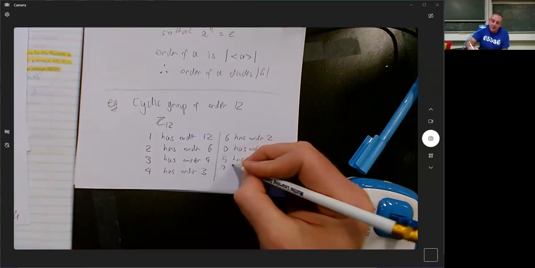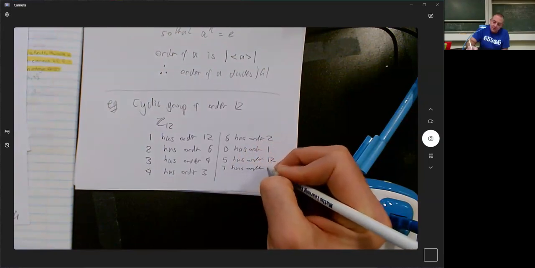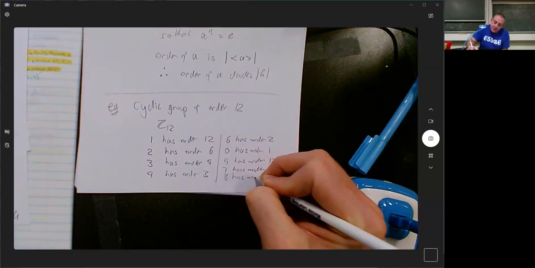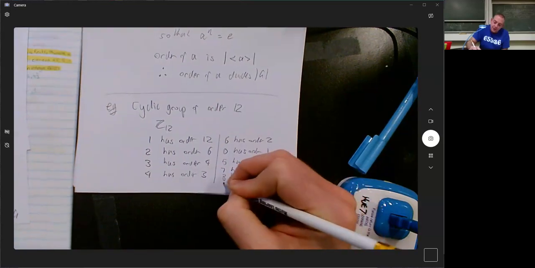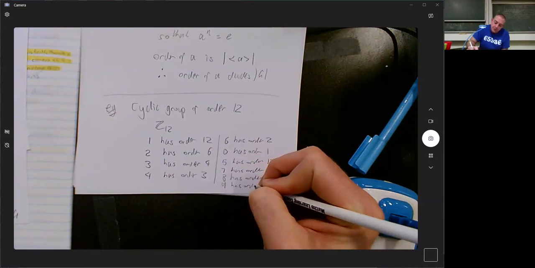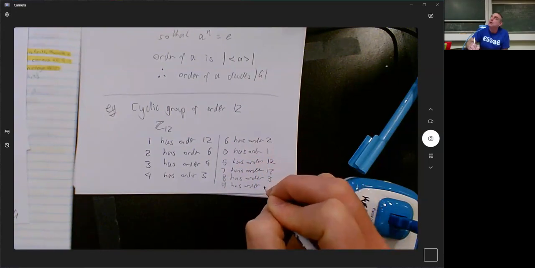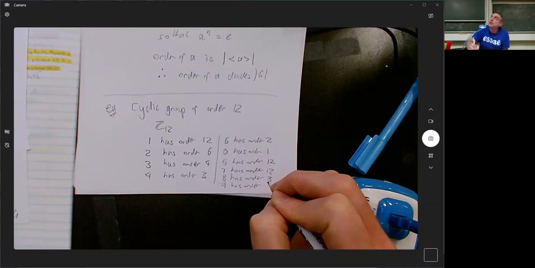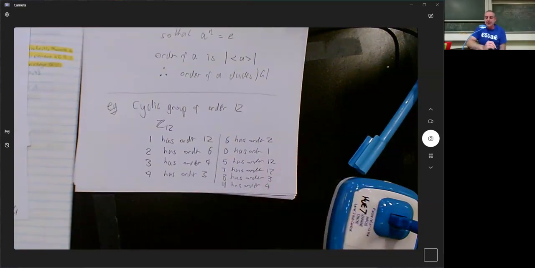And 7 has order 12, and 8 has order 3, and 9 has order 4, and 10 has some order. I reckon 10 has order 6, I'd say. And 11 has order 12 again. And so they all have different orders. And only some of them have order 12, and those ones can be chosen as generators for your cyclic group.